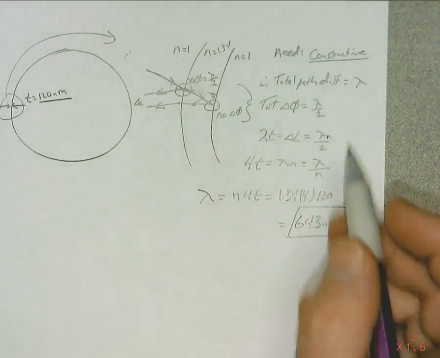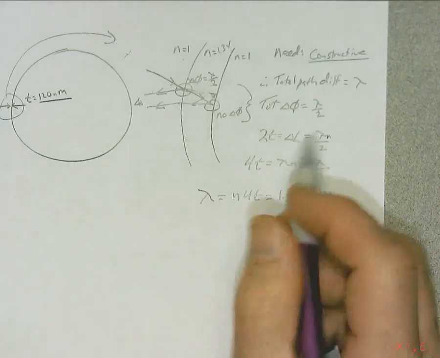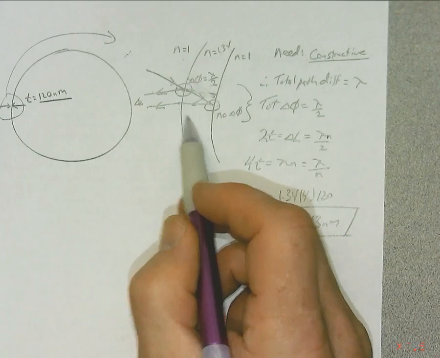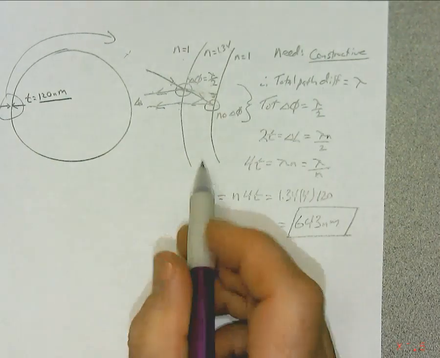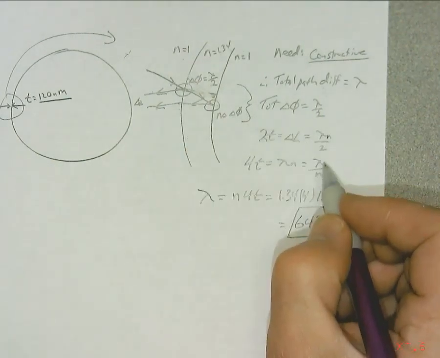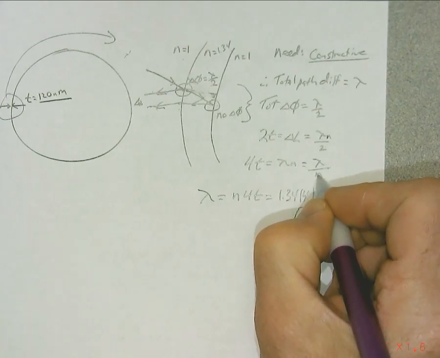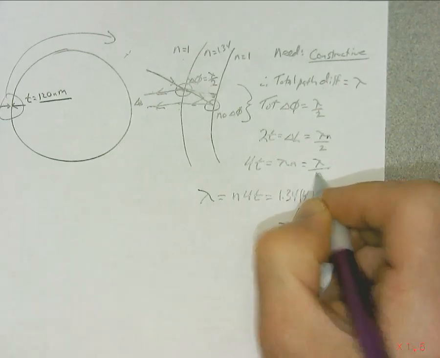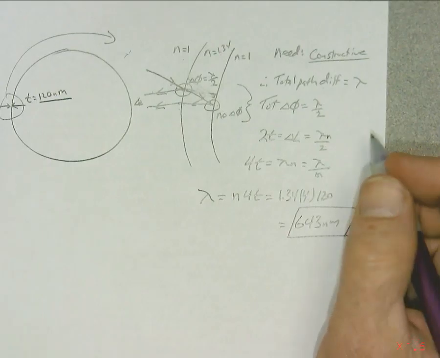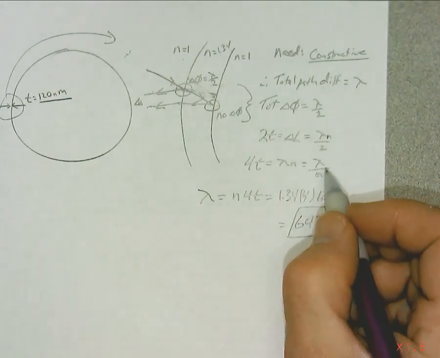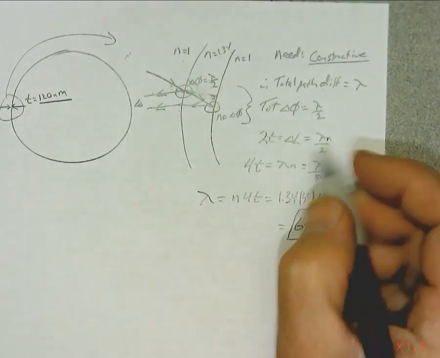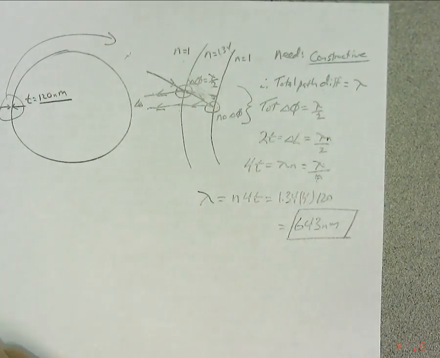So keep in mind that when we're talking about finding a wavelength, consider the medium it's in. It's going to be shortened by a factor corresponding to the index of refraction. If it's in air, it doesn't shorten. Obviously, it's kind of the standard. But for any other n, you have to divide the wavelength in air by n.